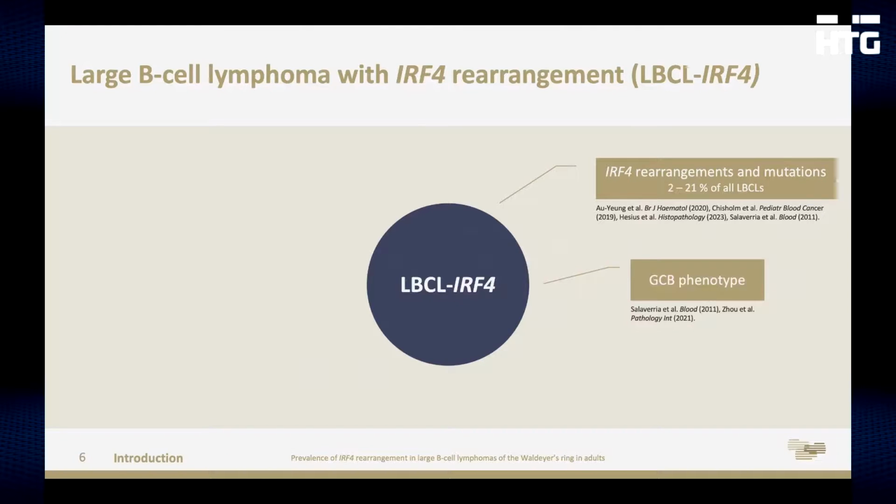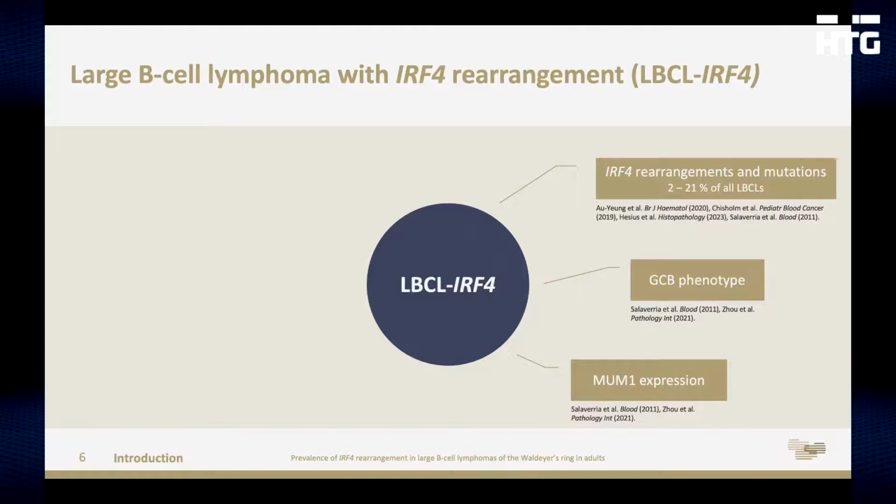Most of the LBCL IRF4 cases show a GCB phenotype, which is also explainable by the pathogenesis of these cases in the germinal center. And the translocation of IRF4 into the IgH promoter region leads to a consecutive expression of MUM1 in the majority of the cases, which is an uncommon feature for GCB-type lymphomas.